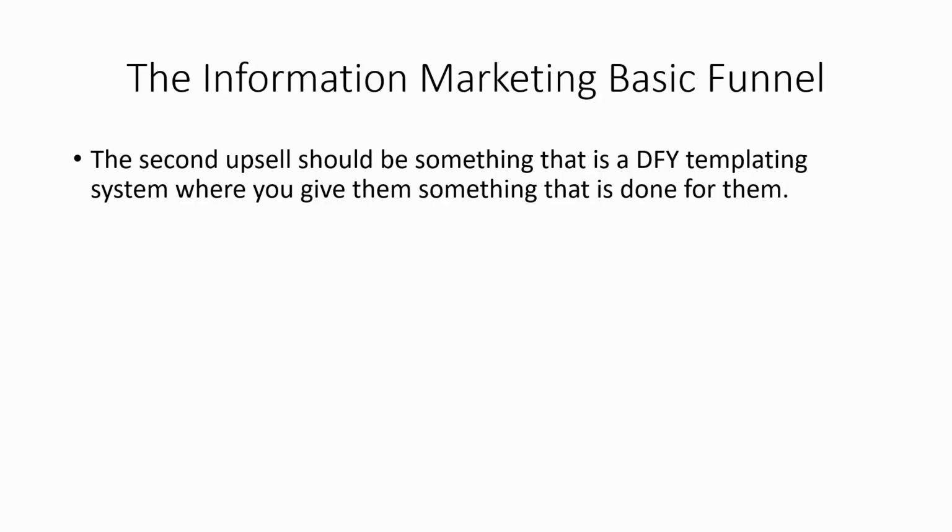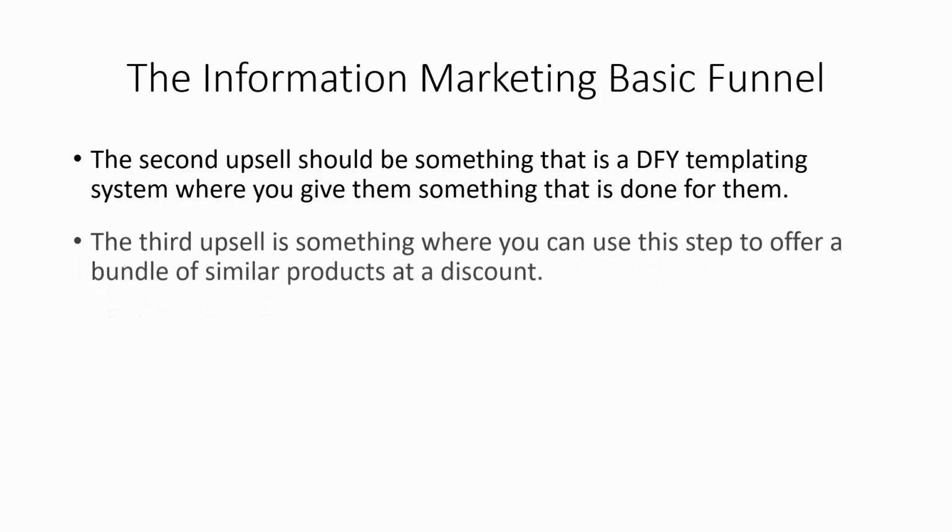That first upsell should basically be a no-brainer, right? It should be, hey, I bought this one thing, and here's what I really want to do. And when they see that first upsell, it ought to be a no-brainer. The second upsell is where you're going to do some of the process for them, right? You're going to give them something that will help them to move faster.